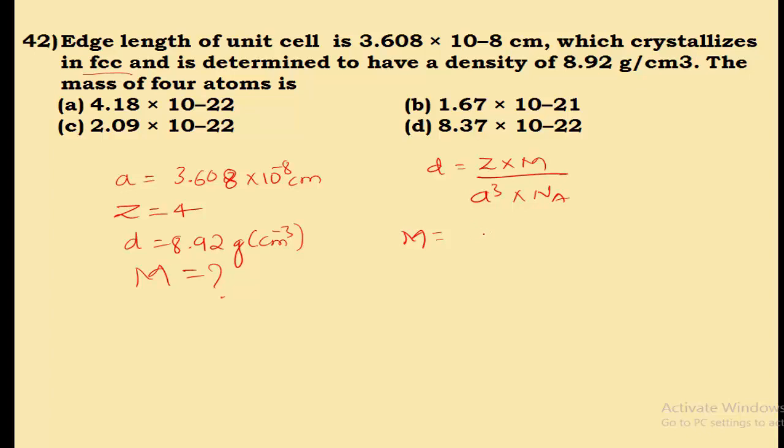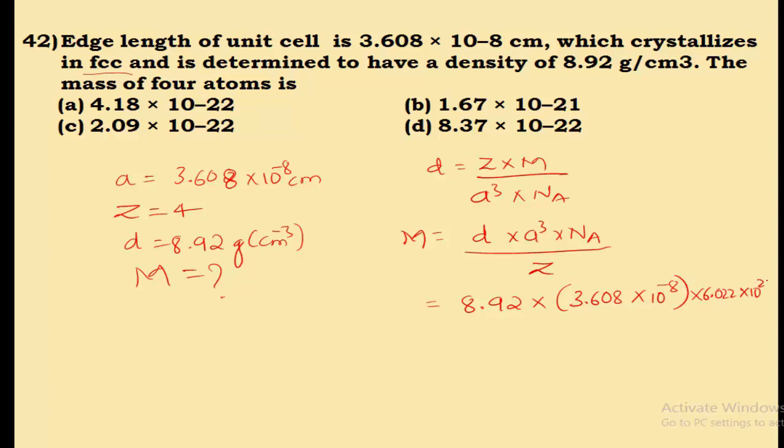So rearranging the equation, what will you get? d into a cube into Na divided by Z. What is density? 8.92 into a means 3.608 into 10 raised to minus 8 into Na means 6.022 into 10 raised to 23, whole divided by Z means 4. So simplify this.